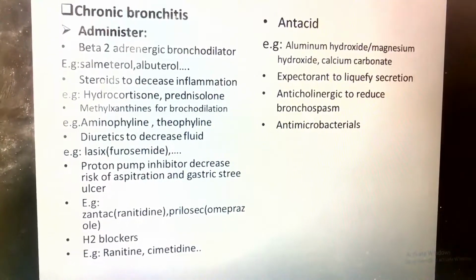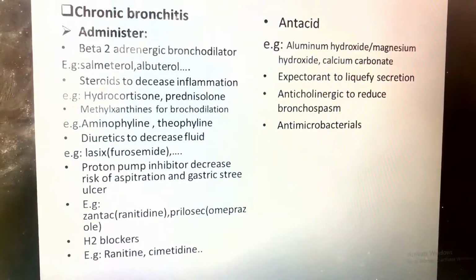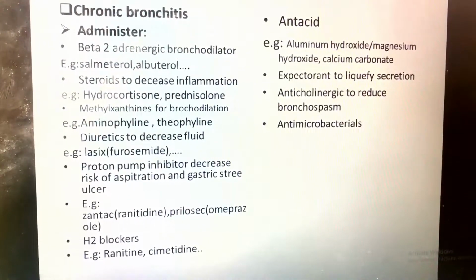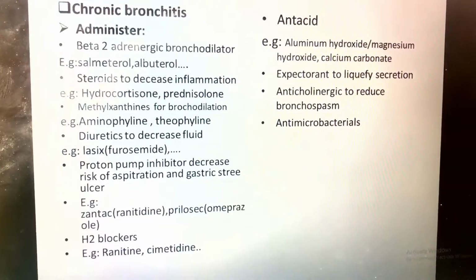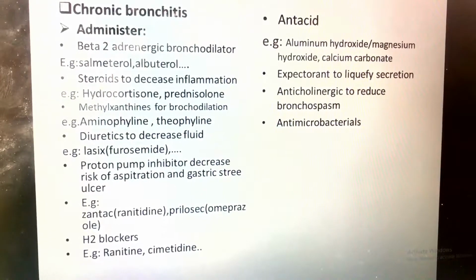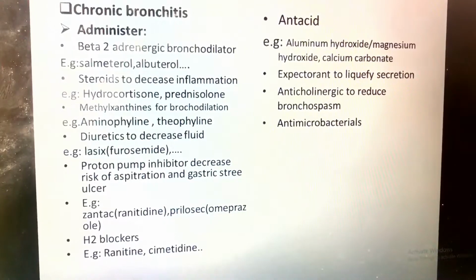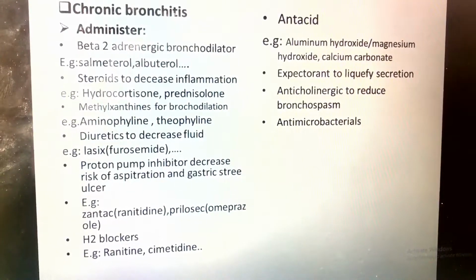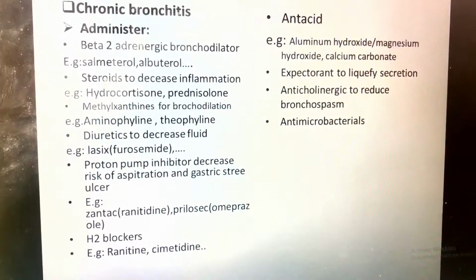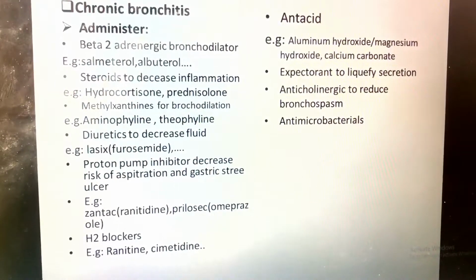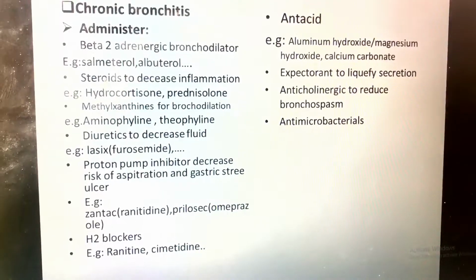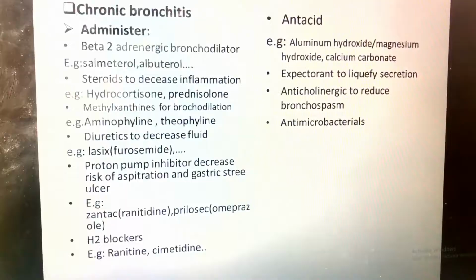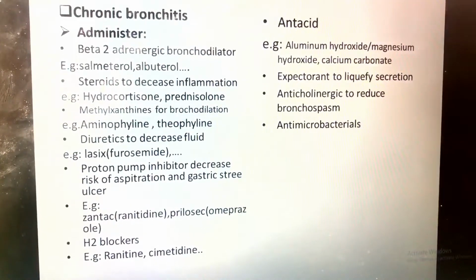We will also give diuretics to decrease fluid, for example furosemide or Lasix. We can also give proton pump inhibitors to decrease the risk of aspiration and gastric stress ulcer, for example omeprazole, and we can give H2 blockers such as ranitidine or cimetidine.